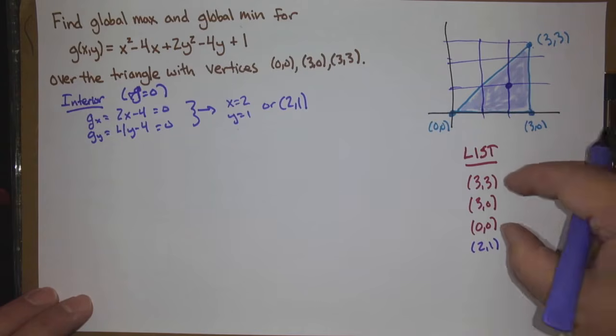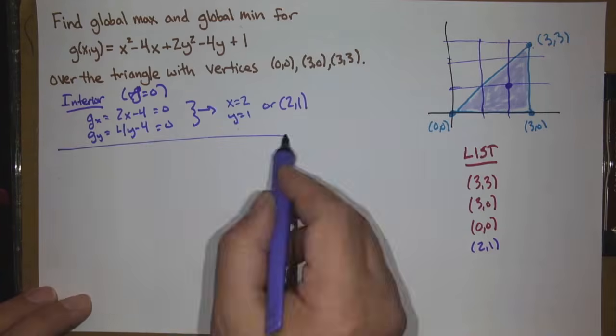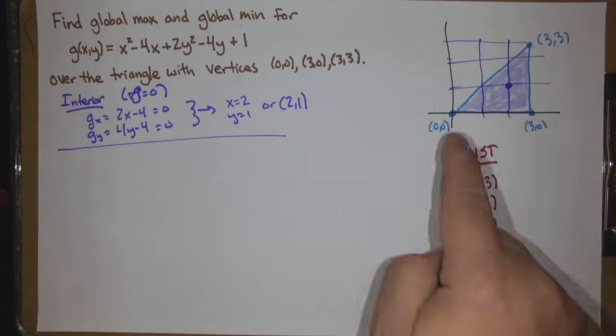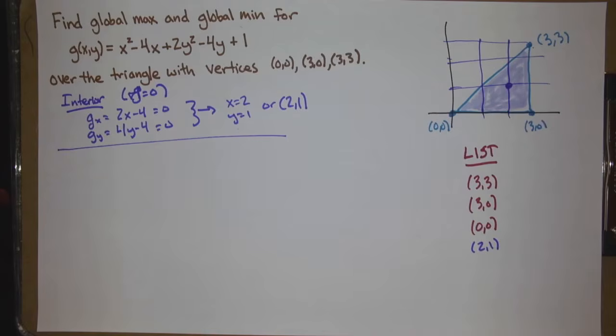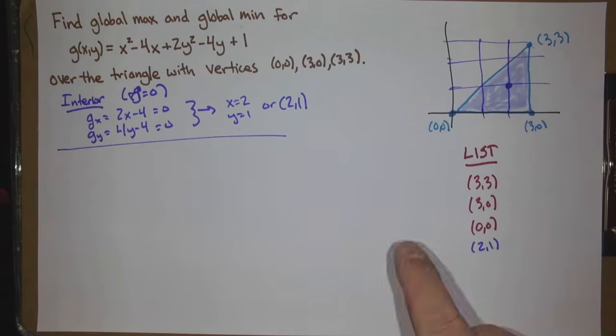All right, so we have our corners and our interior. Now the fun begins. We have 3 boundary edges. So we're going to do this 3 times. By the time we get to the third one, we'll be in great shape. So we have the bottom, the right, and the other one.